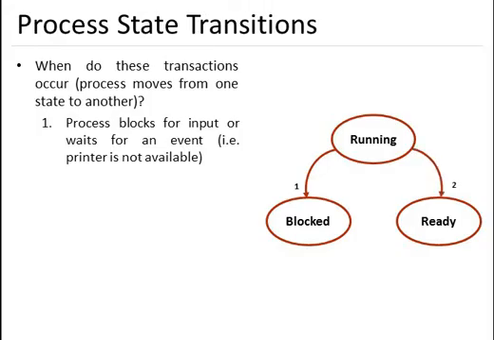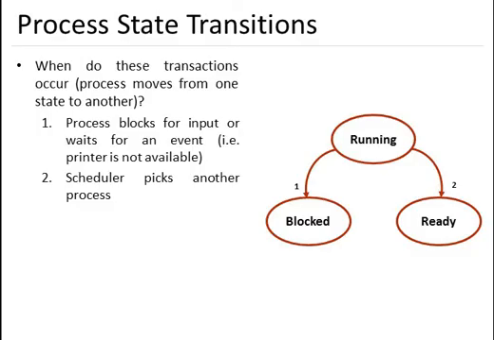Okay, after that the second transition is from running to ready state. In this, the scheduler picks another process. For example, right now the CPU is executing a certain process, let's say process A, and once the time span of this process to be executed is completed, then this process A is transferred to ready state.